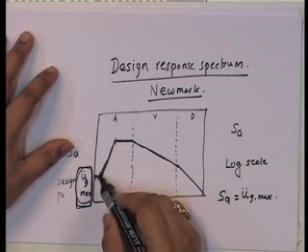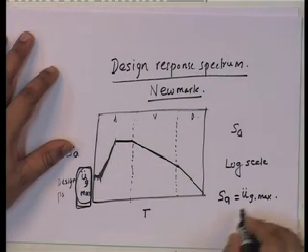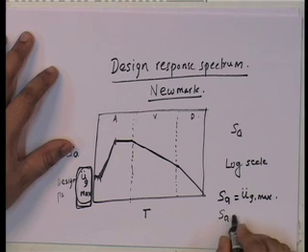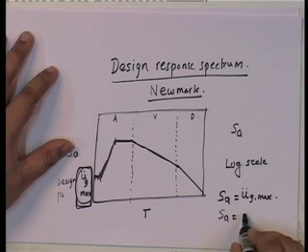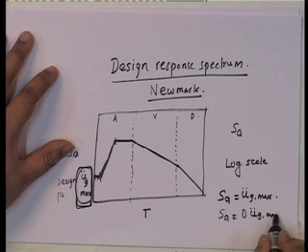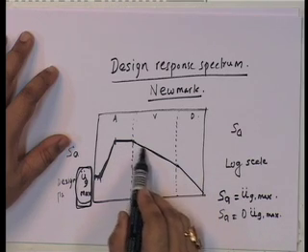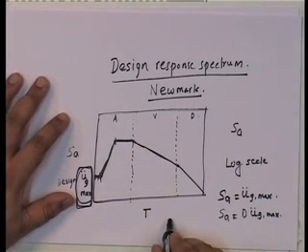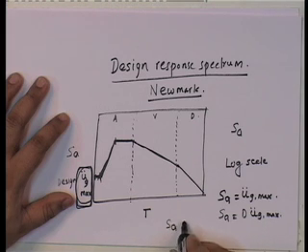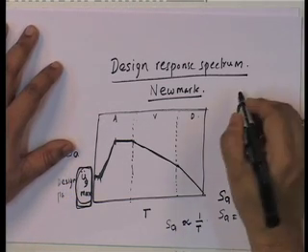Then you have a transition zone, and then it is a constant S A, where S A is equal to some d times U g max. Okay. Then we come to the zone where it is velocity controlled. In velocity controlled, S A is proportional to 1 upon t. Why 1 upon t? Well, let us look at it.